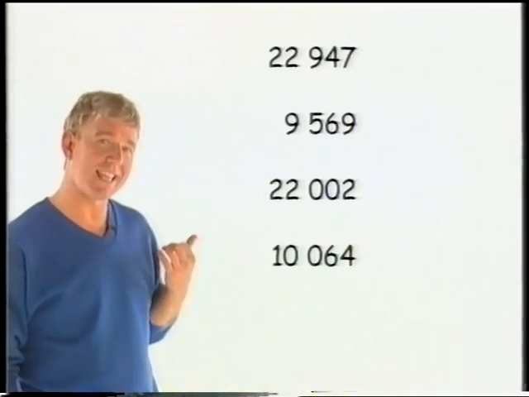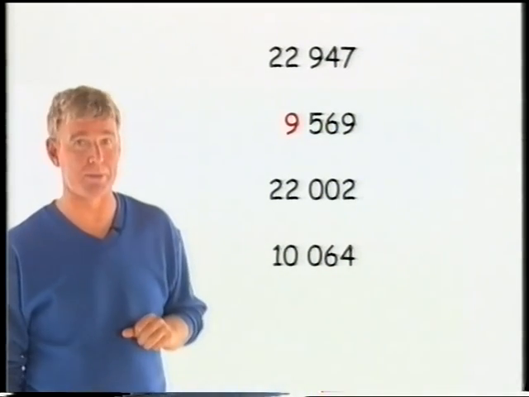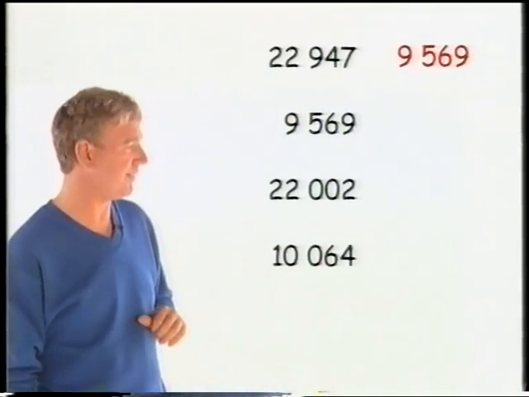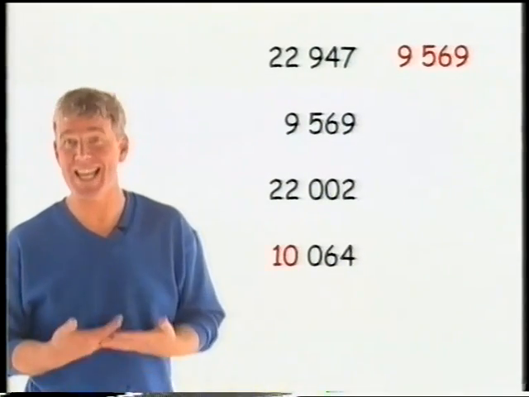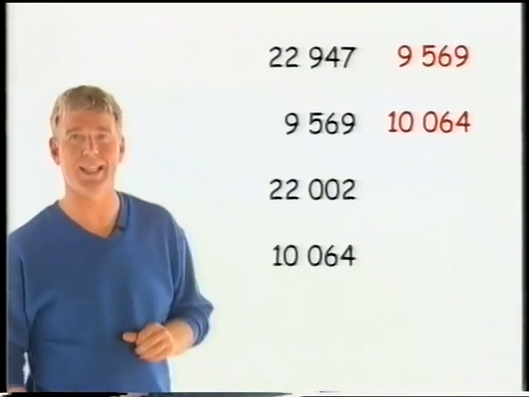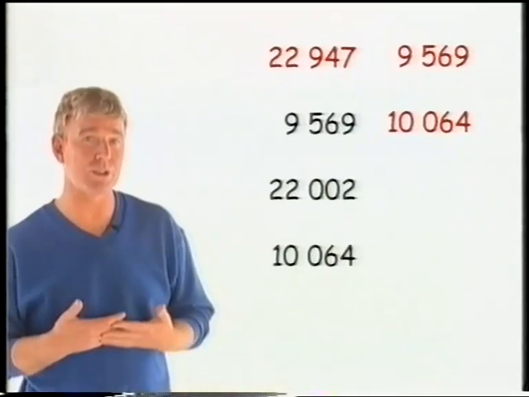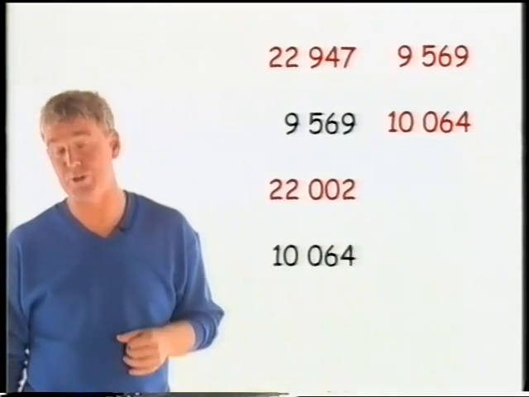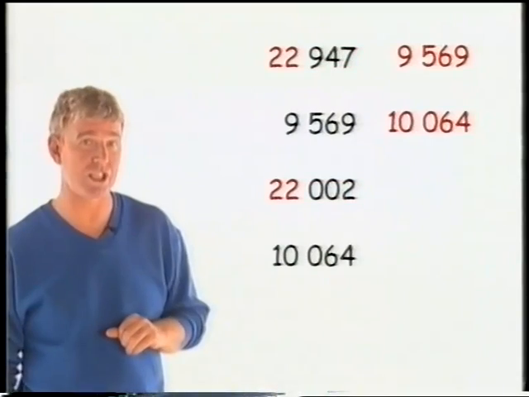Now if we look at the thousands first, we see 9,000 is the smallest number. So 9,569 goes first. Then 10,000. So 10,064 is next. But 22,947 and 22,002 have the same number of thousands, 22.